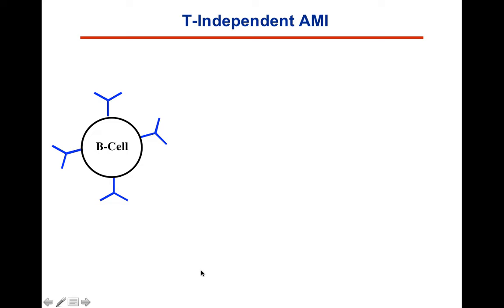So if we look at a B cell, you've seen this before, it expresses antibodies bound to its surface. And you can run into antigens in which you have repeating subunits. Each one of those little red balls is basically the same antigen determinant, for example, on a glycopolymer that has repeating subunits, one exactly like the other.